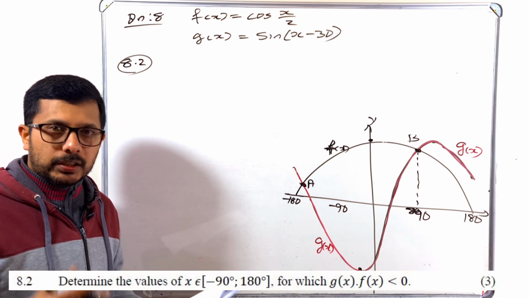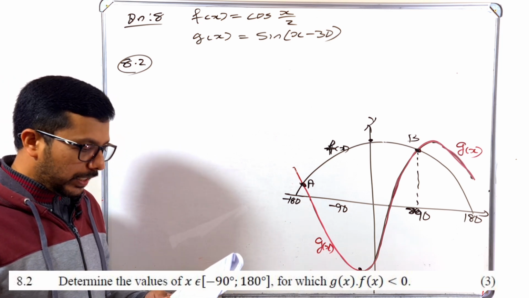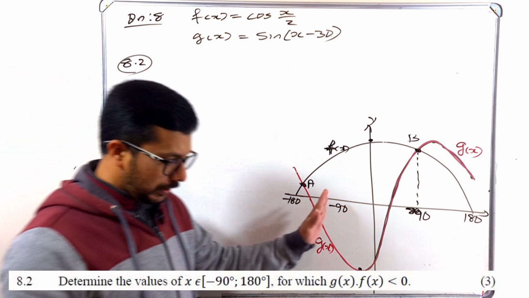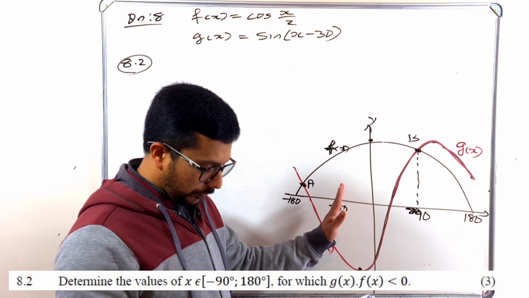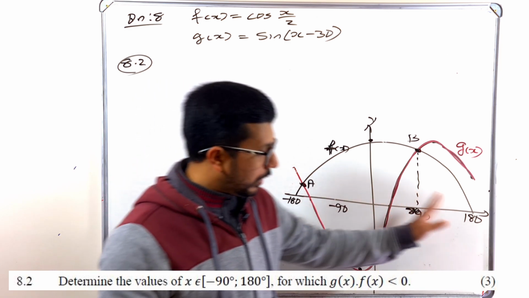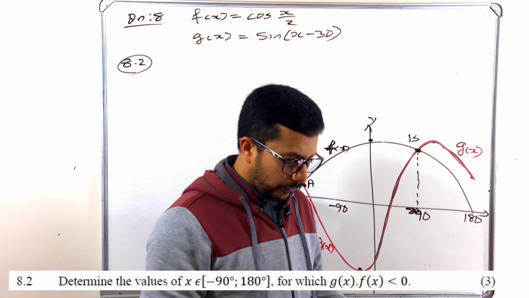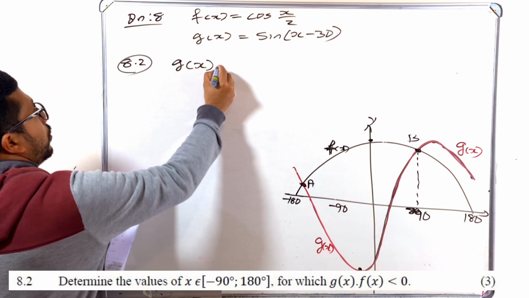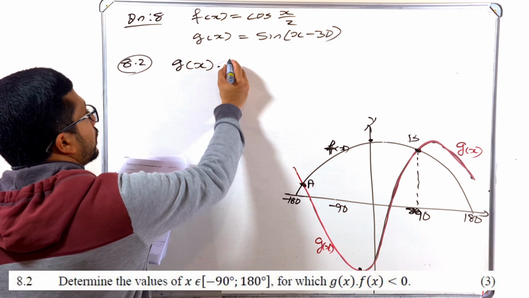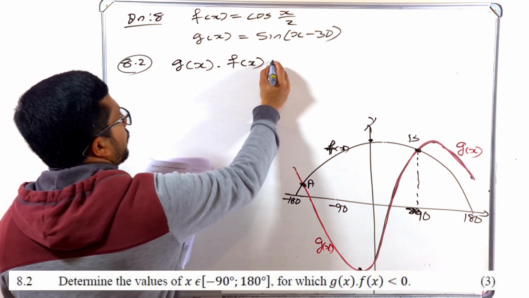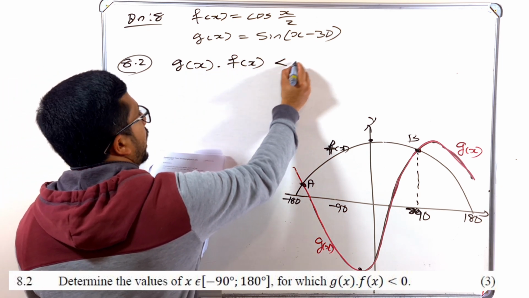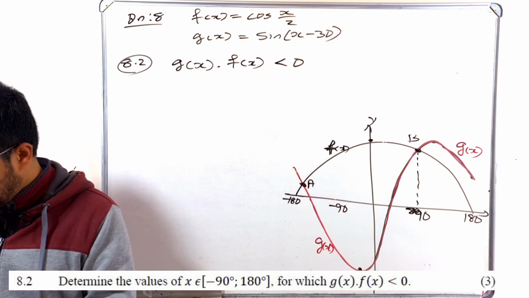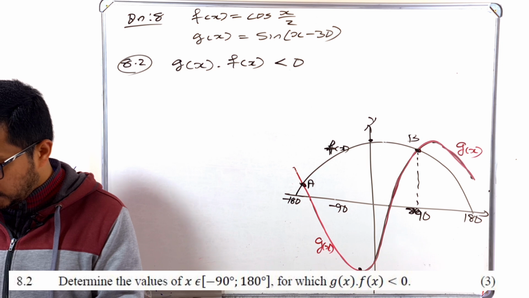That means you have to find the values of x from minus 90 to 180, for which, what is the condition? g of x times f of x is less than 0. Our condition is g of x times f of x is less than 0.